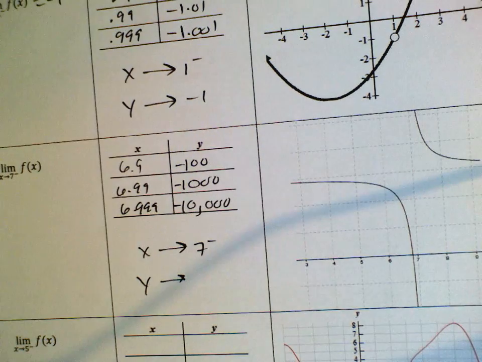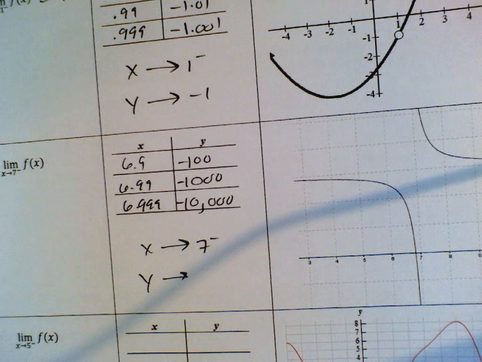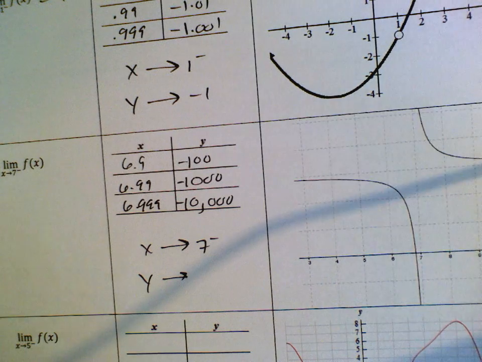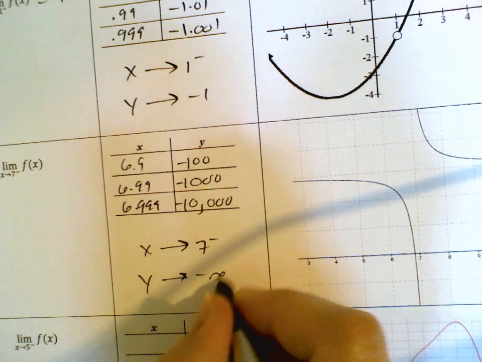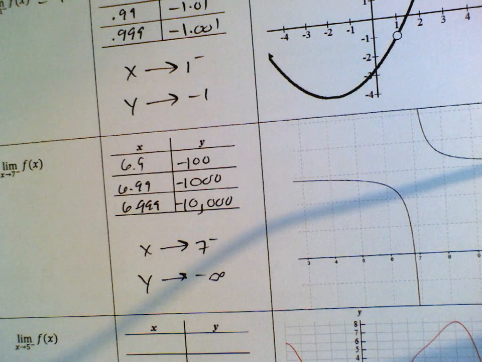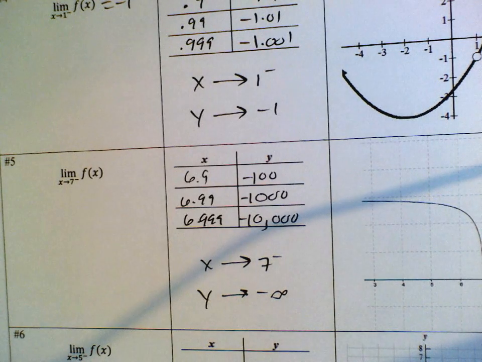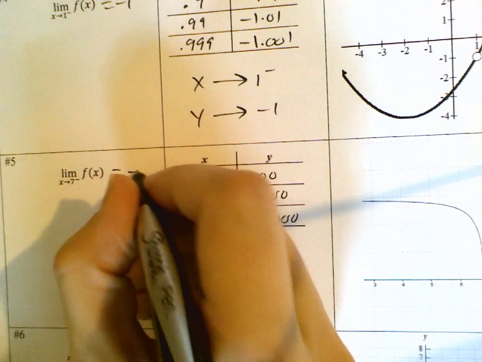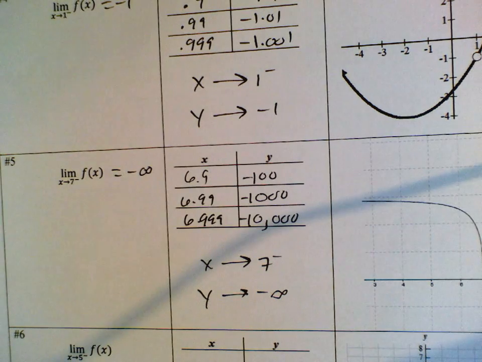My bad. Sorry, guys. Those should be negatives. The y's are approaching no particular number. They're just getting more and more and more negative. So negative infinity. All right, so the limit as x approaches 7 from the left of f of x equals negative infinity.